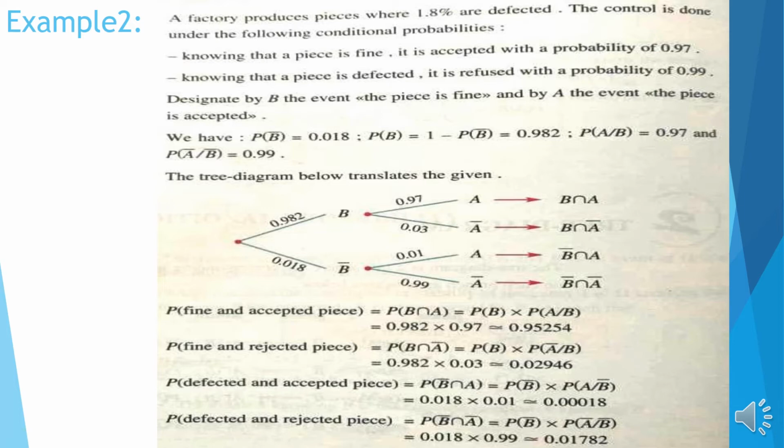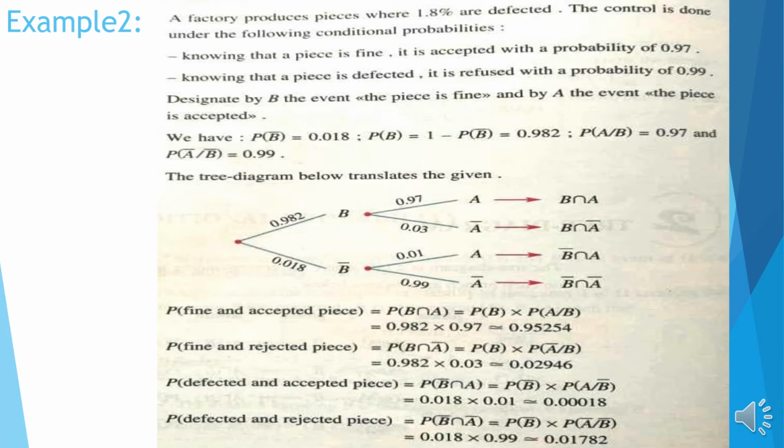We have the probability of B bar. What is the probability of B bar? It is equal to 0.018. The probability of B is 1 minus the probability of B bar, which is 0.982. The probability of A given B. What did they say? Knowing that.